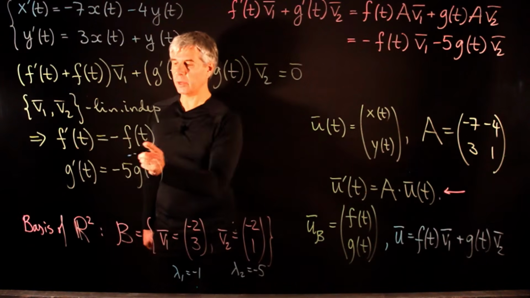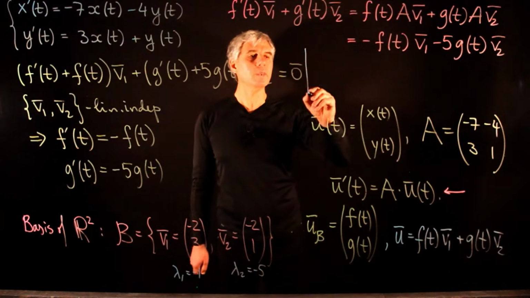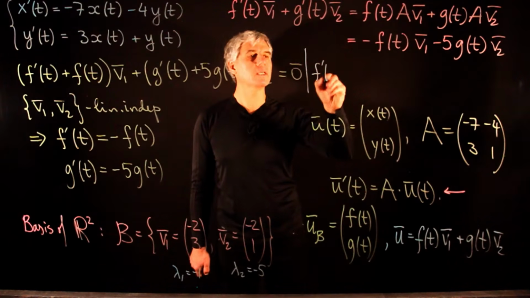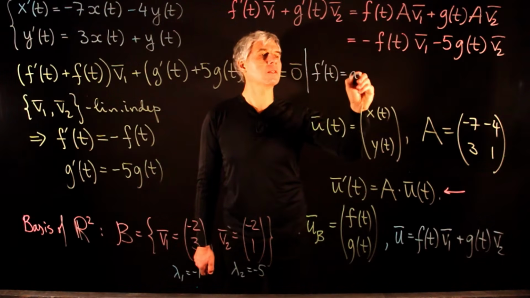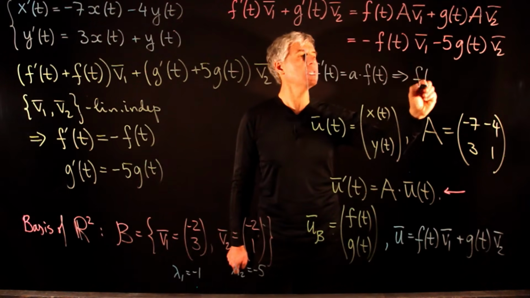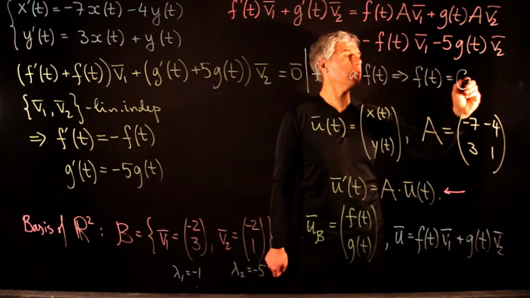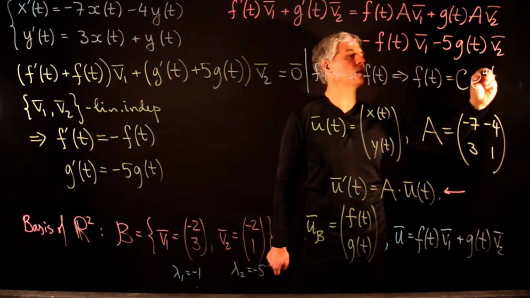From calculus, we know how to solve this kind of differential equations. If we know that f prime of t is equal to a times f of t, then this tells us that f of t is a multiple of the exponential function. It's a constant times e to the at.